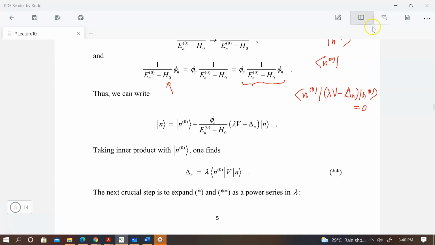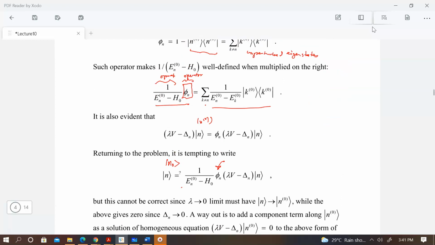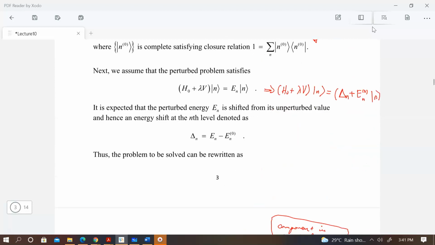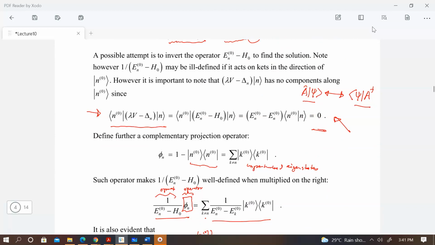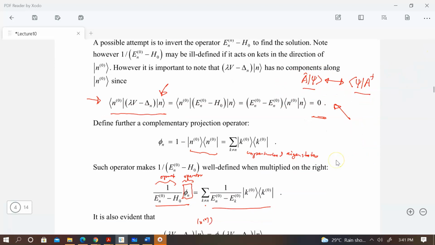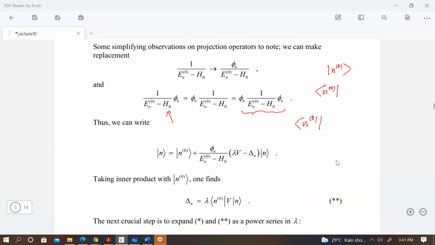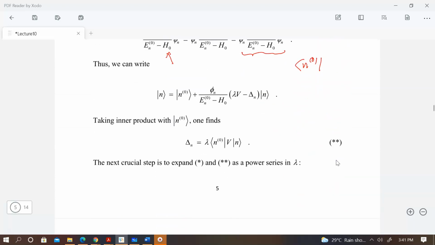No, that was not n naught. Let me just check back. That's n, right? Yeah, here. So it's n, sorry. Again, going up and down this page, so bear with me a little bit. So what we had previously was n naught lambda v minus delta n, and that is equal to 0.